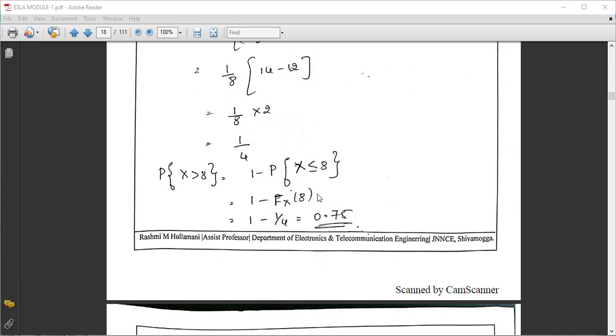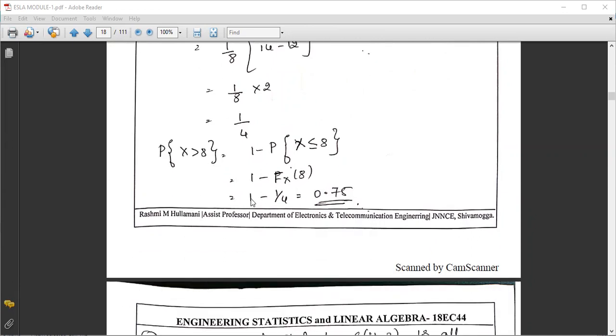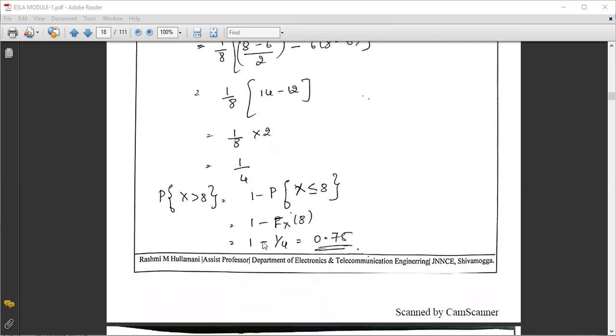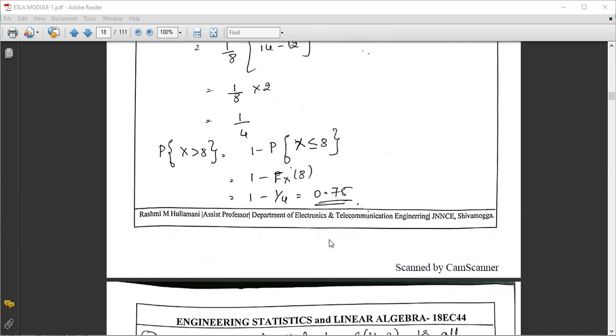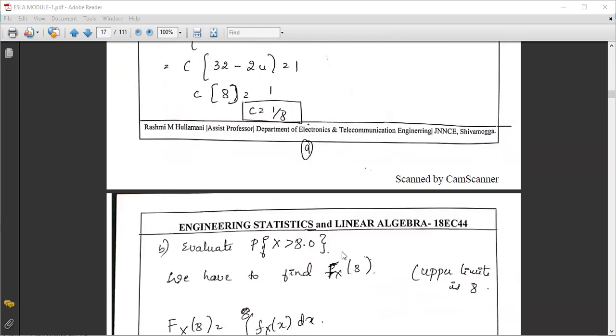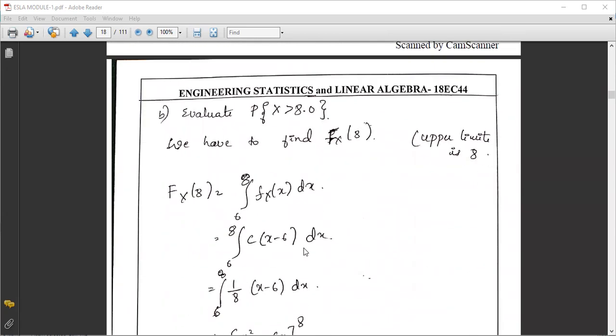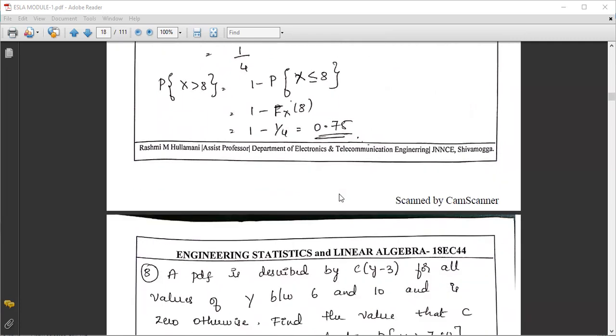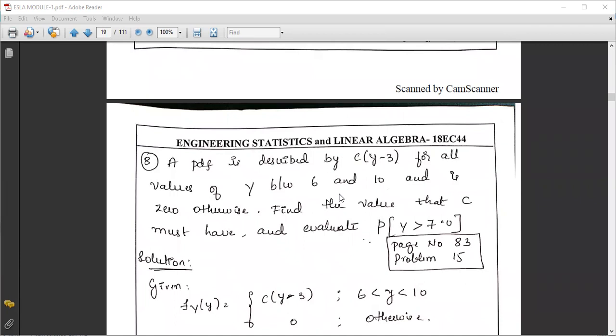We already found Fx of 8 is 1 by 4. Therefore, 1 minus 1 by 4 gives 0.75. So the probability of x greater than 8.0 is 0.75. Understood?